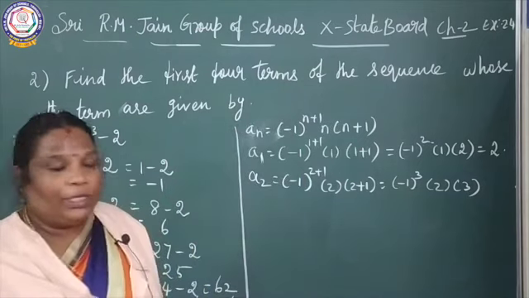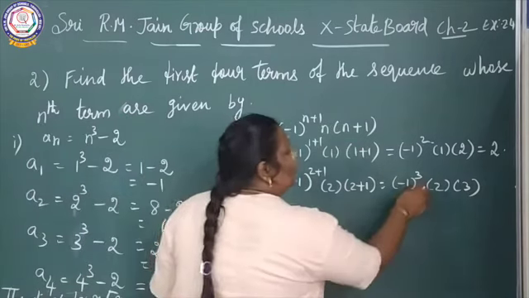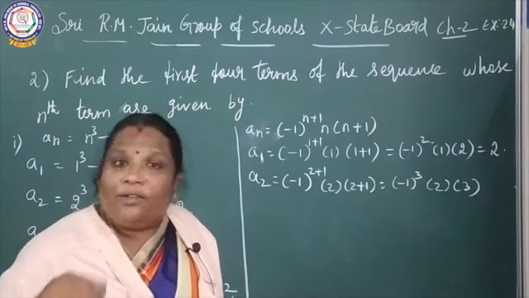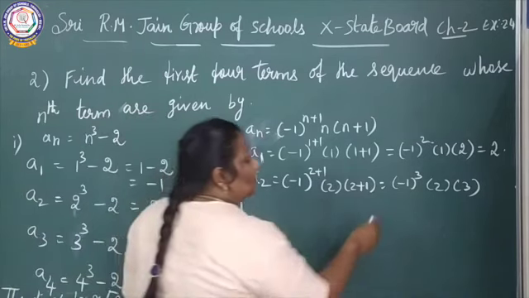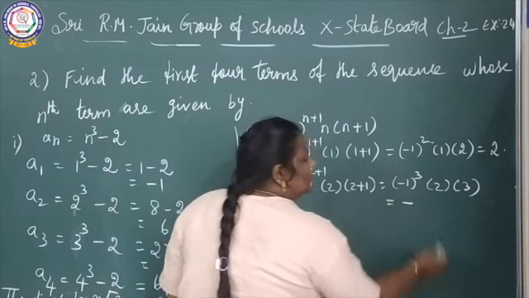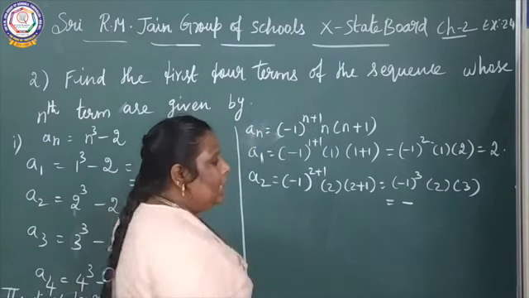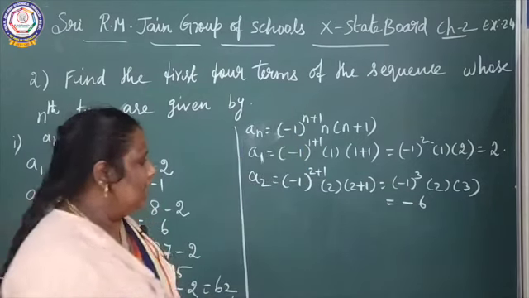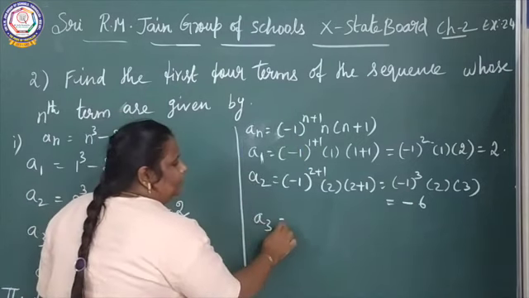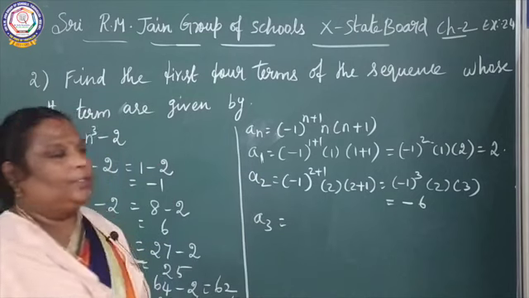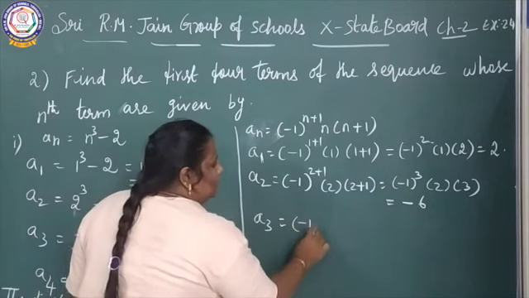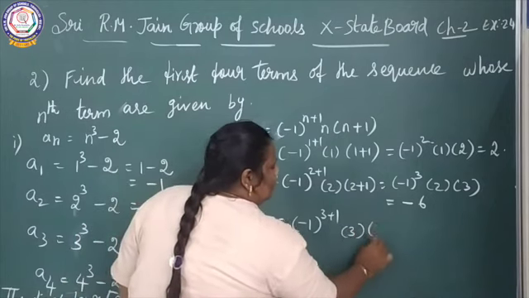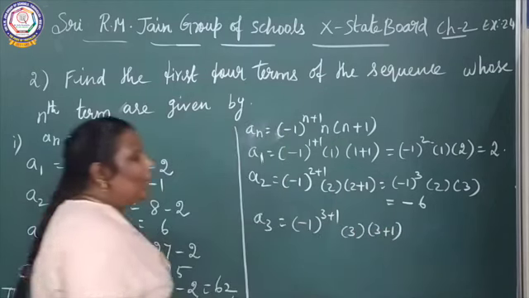If the power is in a odd number, the negative sign will come out. Minus 1 the whole cube is what? Minus 3 2s are 6. Minus 6.